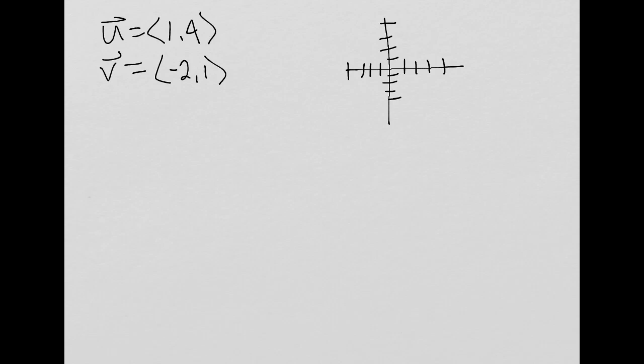Looks like u should go about like that, and v should go about like that. And so I'm really wondering how much of u is heading in the same direction as v. So we can do the calculation: u dot v over the magnitude of v.